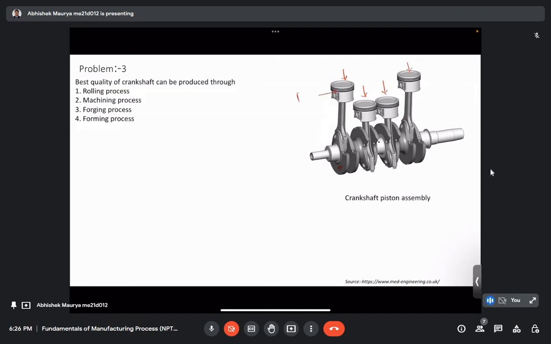This is the piston, and this is the connecting rod, and this connecting rod is connected to this shaft, and this is called the crankshaft.